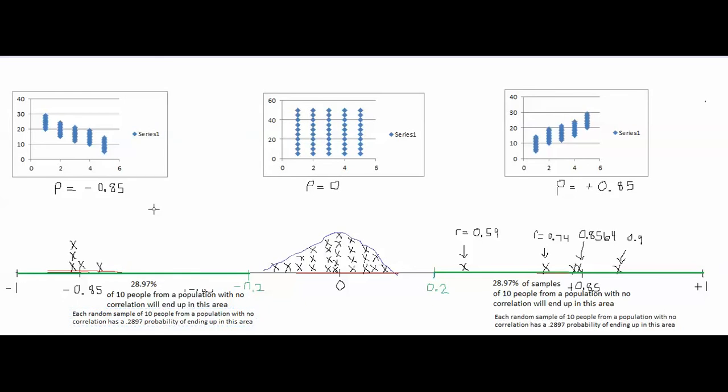If 28.9% of the samples of 10 people from this population end up in this area, then each individual sample of 10 people coming from this population has a 0.2897 probability of ending up in this area. So each individual sample that's randomly selected from a population with no correlation has a 0.2897 probability of ending up here and a 0.2897 probability of ending up here.